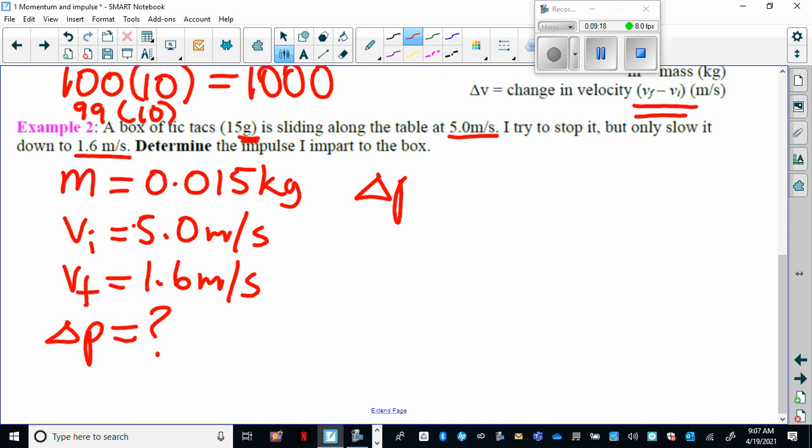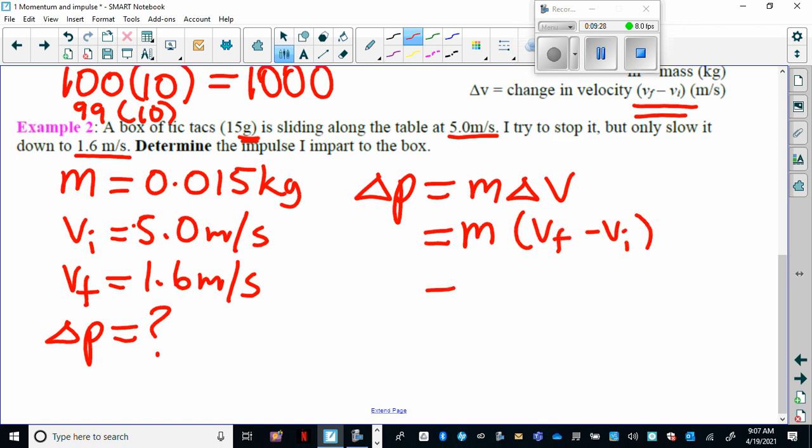Here's our formula, delta P equals m delta V, and we're just going to expand that to be m times (vf minus vi). And you probably already know you're going to get a negative number here, aren't you? Because this is going to be 0.015 times the final velocity of 1.6 minus the initial velocity of 5.